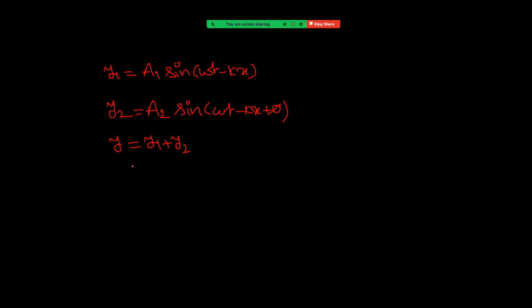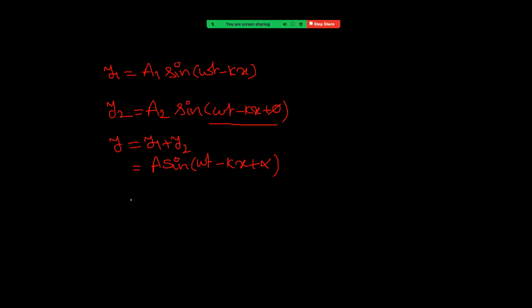After making the calculation, this comes out to be A sin(omega t minus kx plus alpha). We take the expansion of y2, sin(omega t minus kx plus phi), and after rearranging and simplifying, we get A sin(omega t minus kx plus alpha).